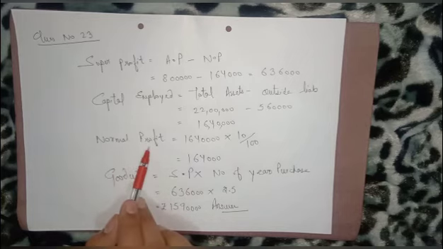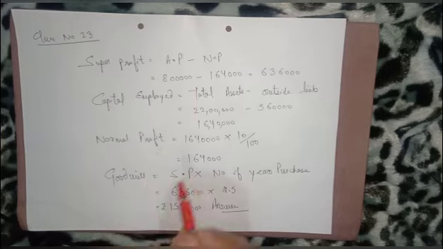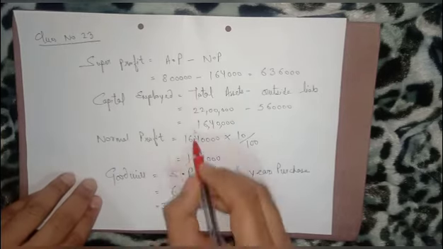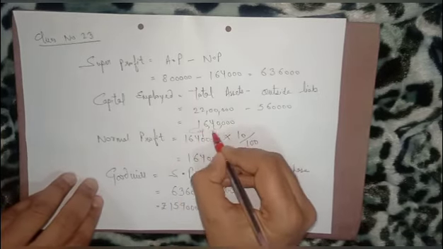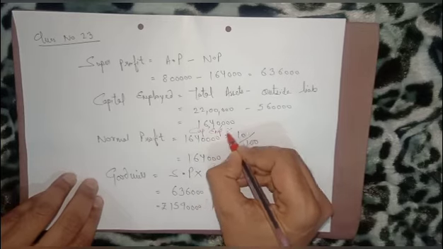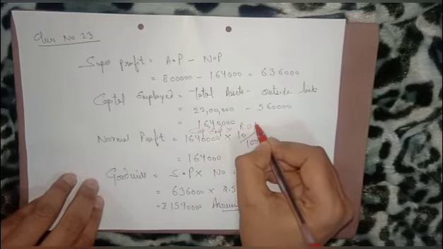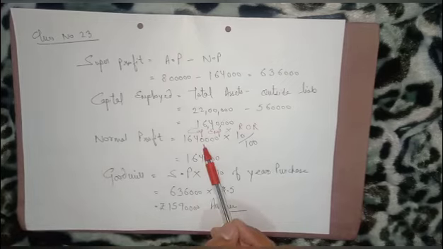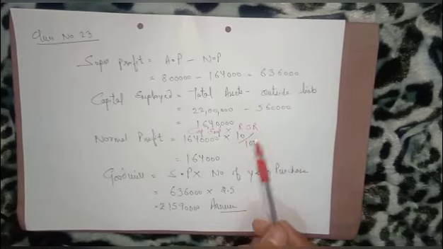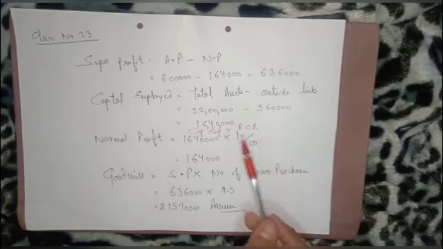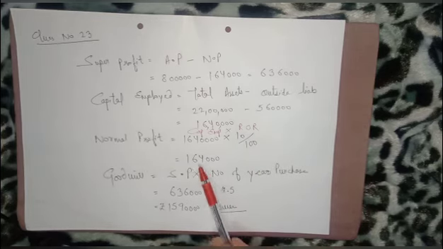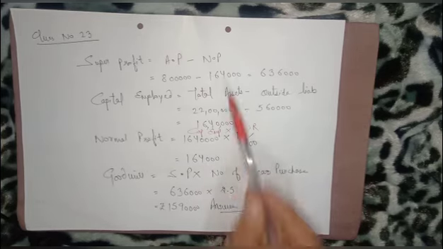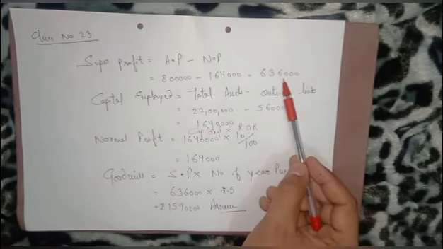Otherwise, the formula of normal profit I told you earlier. Again, we can write the formula here. Normal profit is equal to the capital employed multiplied by rate of return. This is the formula of the normal profit. So capital employed, this one, and the rate of return ROR is given in question number 23, 10%, 10 upon 100. So you can have the value of the normal profit, put this value here and you can get the super profit.